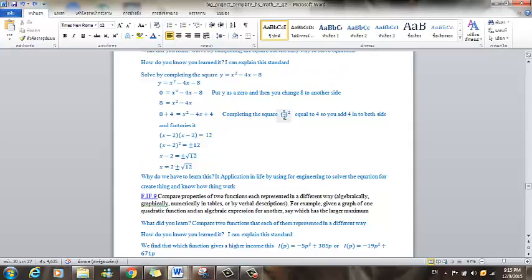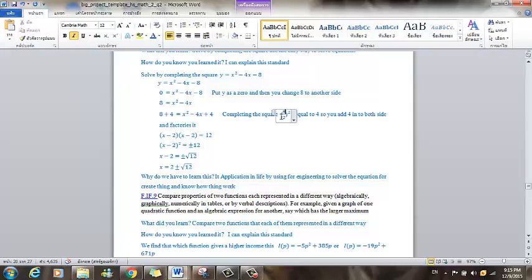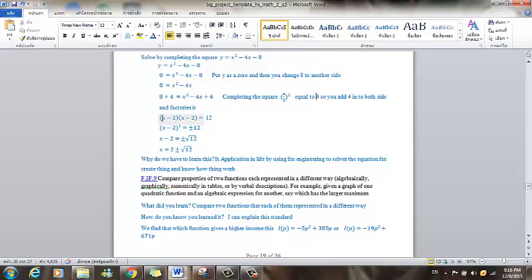by 8 divided by 2, which equals 4. So 4 divided by 2 and squared, you still get 4. We add 4 to both sides and then factorize it. When you factorize, it's going to be like this, equal to 12.